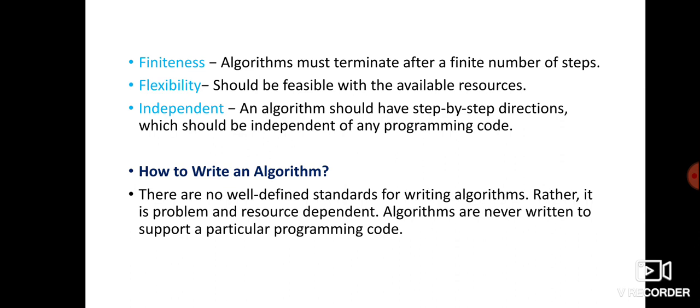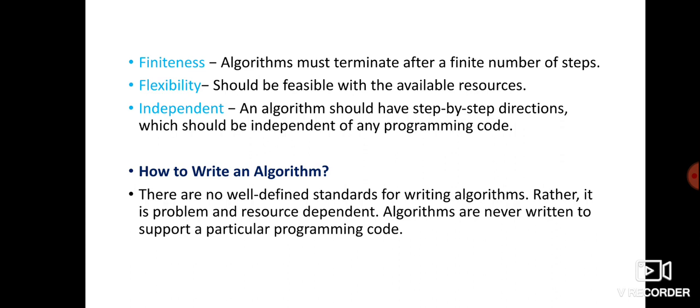Problem. A problem can be a real-world problem or any instance of a real-world problem for which we need to create a program or a set of instructions. The set of instructions is known as an algorithm. The input will be given to the processing unit and the processing unit will produce the desired output.